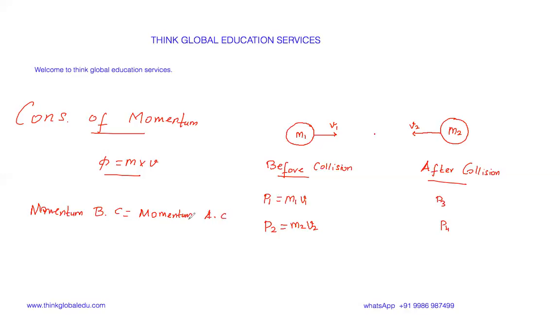So momentum before collision, P1 plus P2, must be equal to momentum after collision, P3 plus P4.